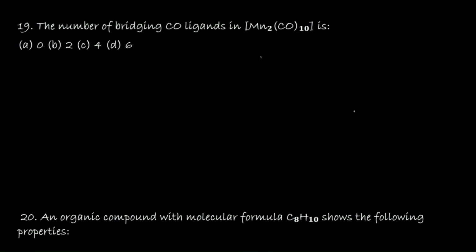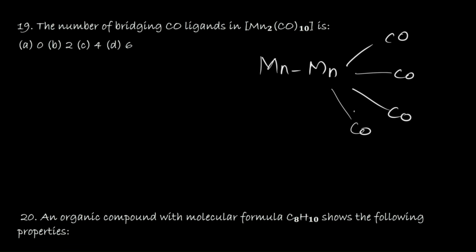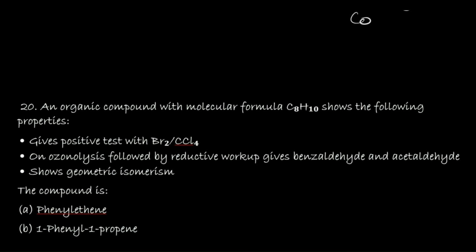There is no bridging at all in this complex. It has a structure with no bridging between Mn and Mn, but each Mn has 5 terminal CO ligands. So please be careful with this type of question. There is a similar question on chromium also. Just take care of that.